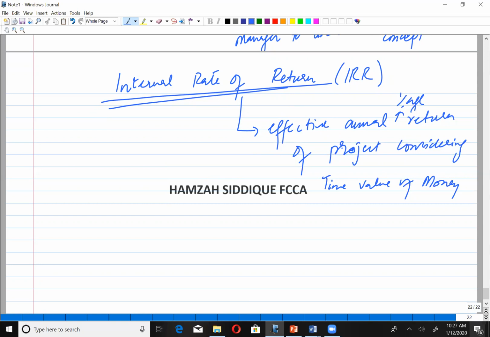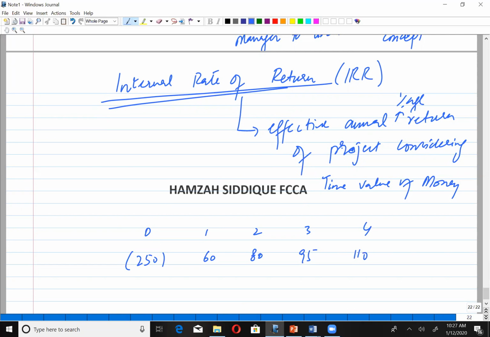And students, for example, how to calculate? Just see here. A project is there, years 1, 2, 3 and 4. Initial investment is 250, then 60 million, 80 million, 120 million, and 110 million.